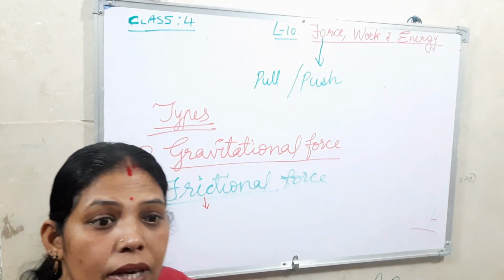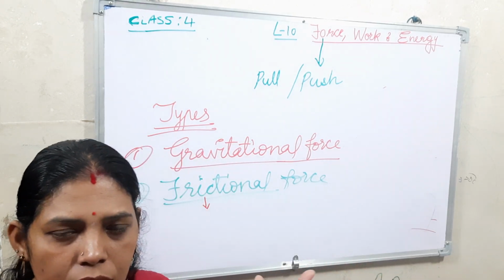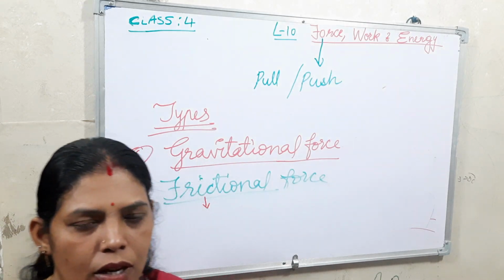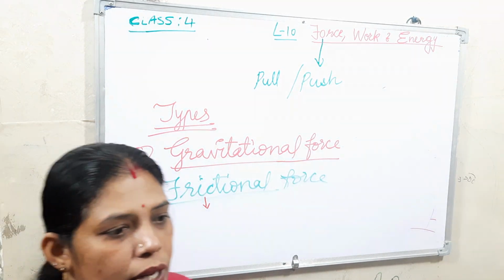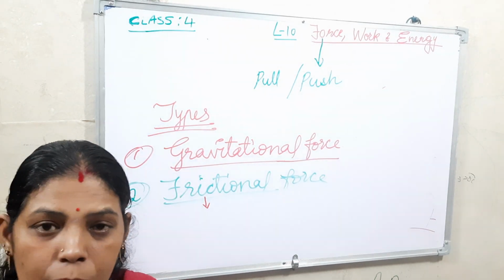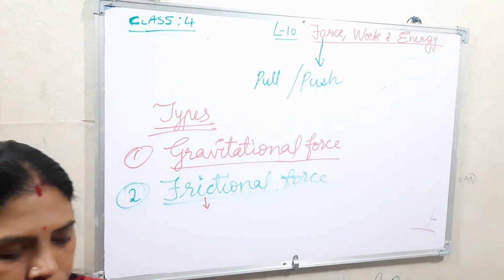That is how we are able to walk however we want without slipping. Otherwise we may fall down. And when you are writing with the pencil on the copy, that time also you are able to write because of the friction only.